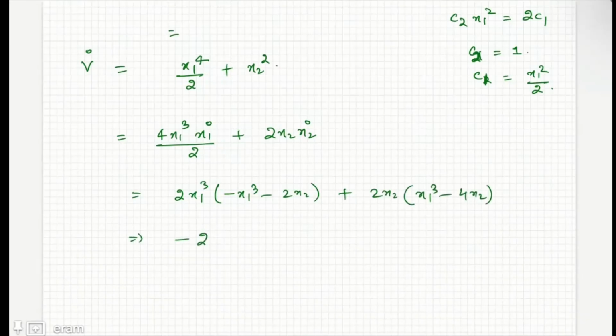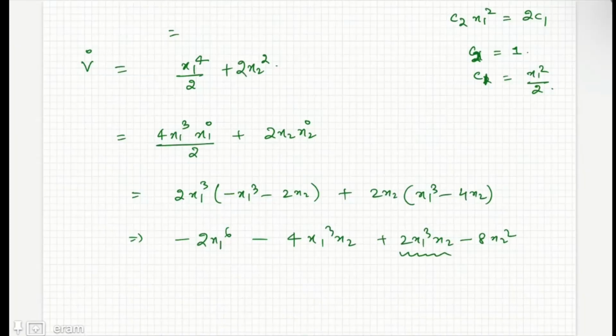So it is minus 2 x1 to the power 6 minus 4 x1 cube x2 plus 2 x1 cube x2 minus 8 x2 square. In order to make this term 4, we need to have 2 over here, 2 over here, so that would make us 4.